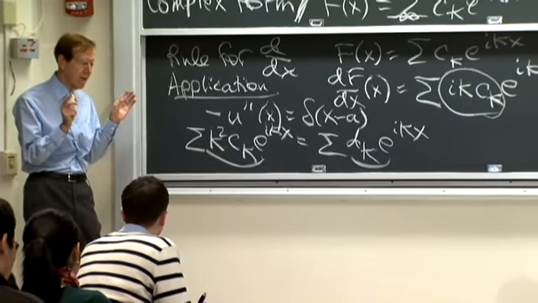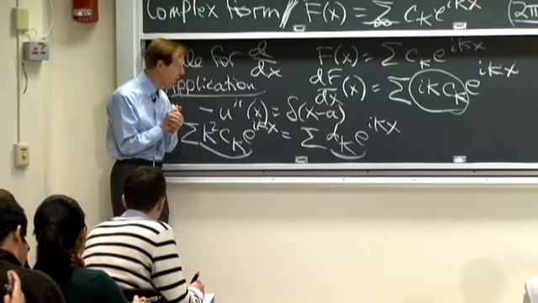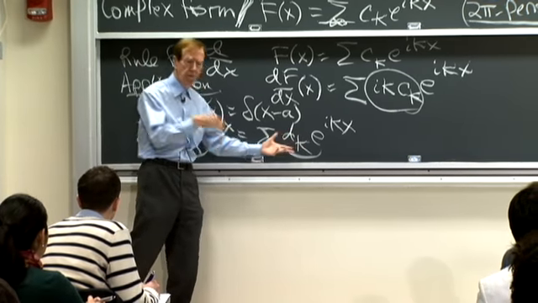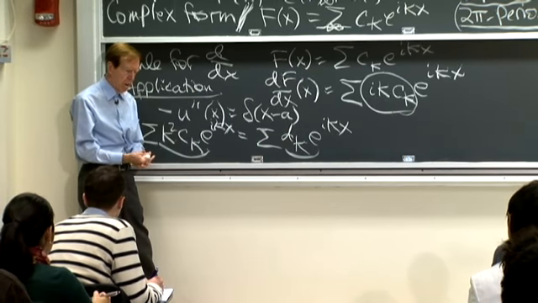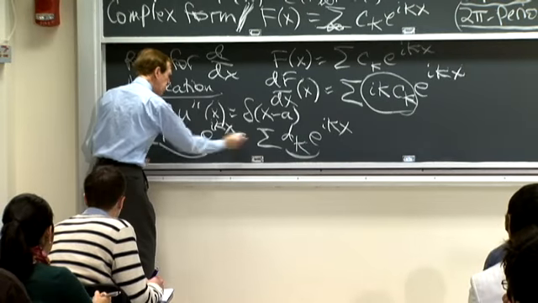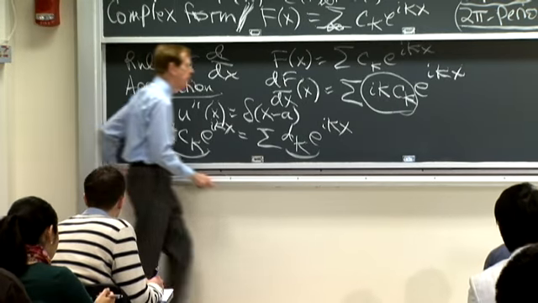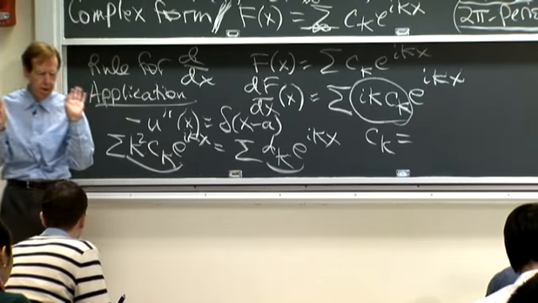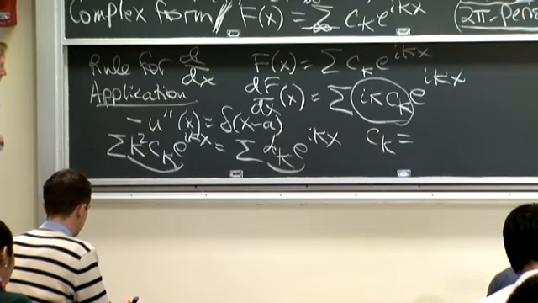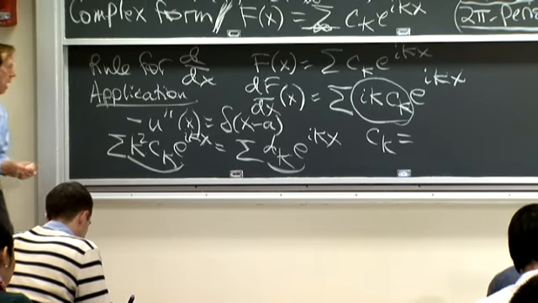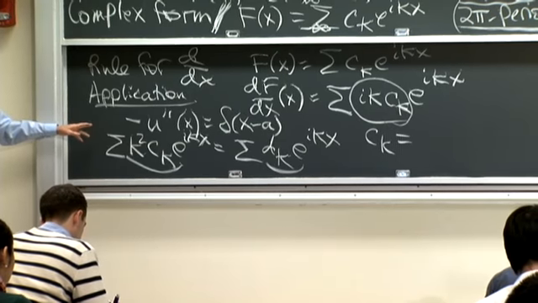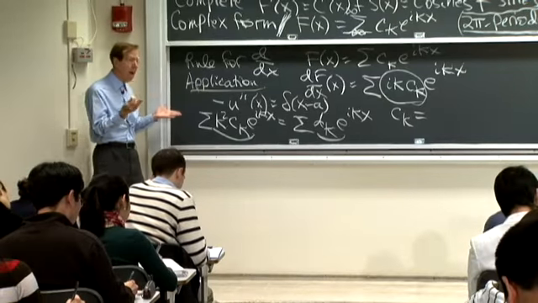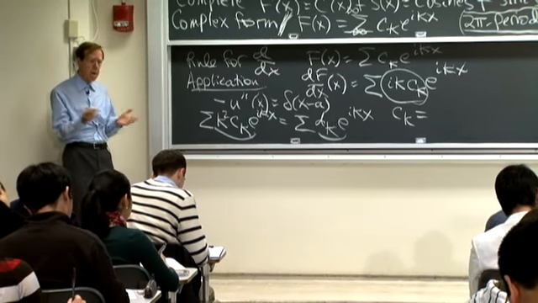We're just doing what's constantly happening, this three-step process. You're given the right side. Step one, expand it in Fourier series now. Step two, match the two sides. So what's the formula for ck in this application, which by the way, I had no intention to do this, but it jumped in my head and I thought, why not just do it? The formula for ck will be dk divided by k squared.